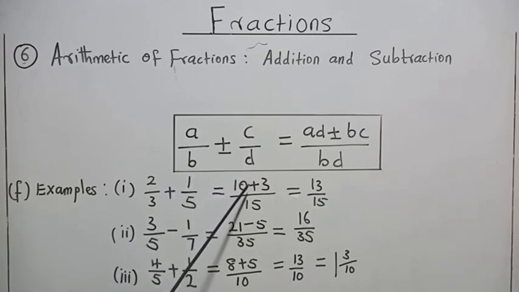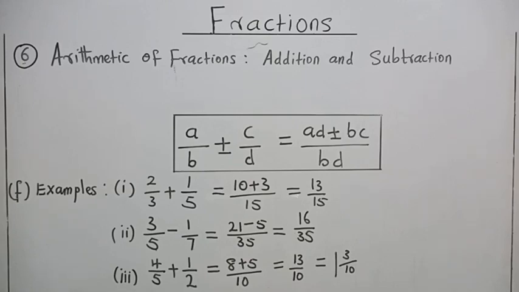That will give us 3. Then what about our BD? Our BD will be this B times D. That will be 3 times 5. The result is 15. Therefore, 2 over 3 plus 1 over 5 is equal to 10 plus 3 over 15. So eventually the answer is equal to 13 over 15.